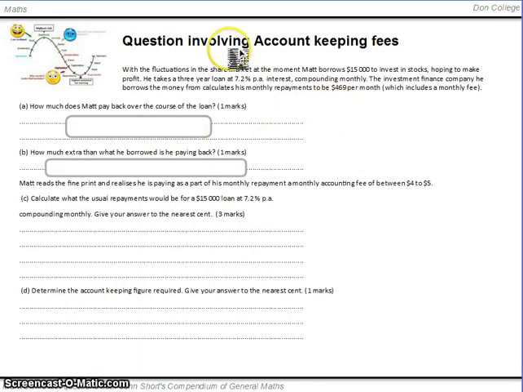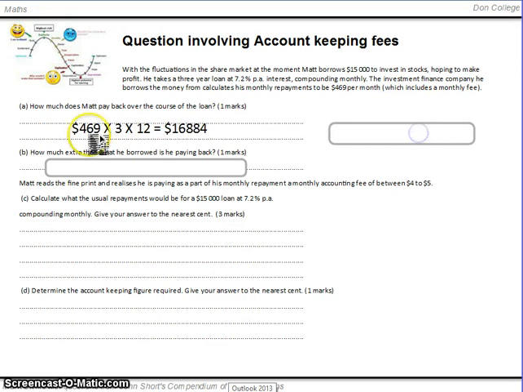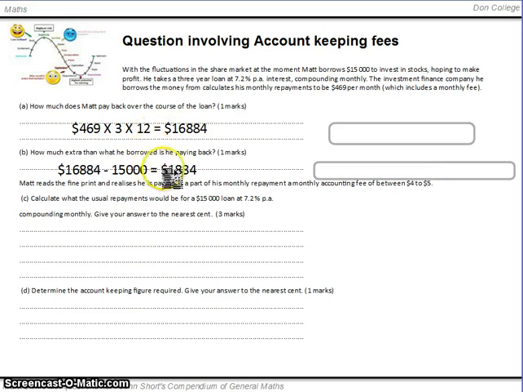Okay, here we have a question involving account keeping fees. Matt borrows $15,000, 7.2% interest, compounding monthly. Okay, so over the course of the loan, he pays back $469, 3 years, 12 months, total of $16,884. Which is $1,884 more than he borrowed. Now the fine print says he's being charged a monthly account fee.